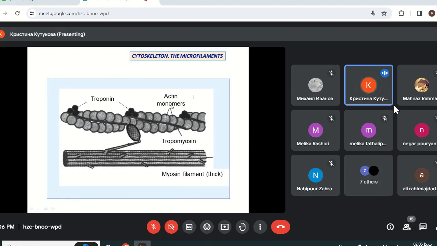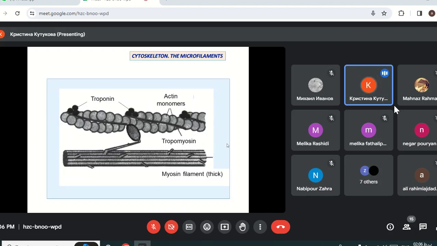Mono means one, poly means many. So monomers are combined together to form polymer molecules. Here in this picture you can see an example of the microfilaments, which are characteristic for muscle cells, muscle tissues.